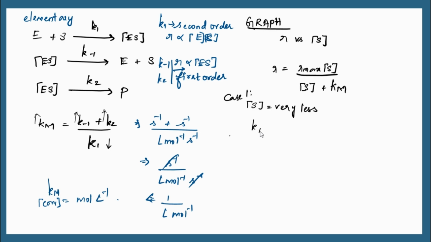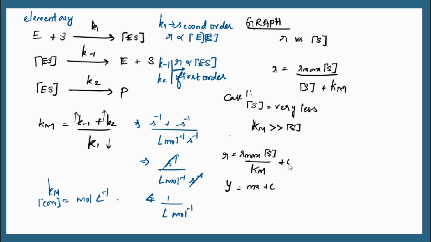So Km will be much larger than your concentration of S. So the rate will be equal to R max concentration of S by Km. So if you see, this is equal to y equal to mx plus c in the plot.